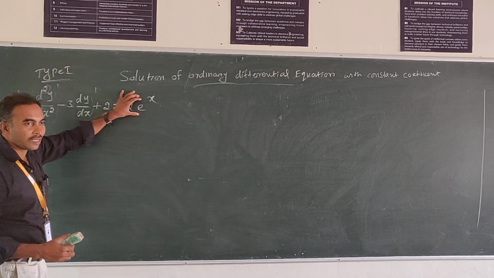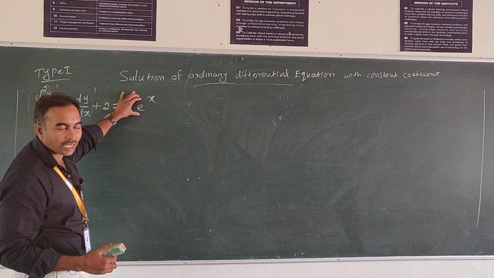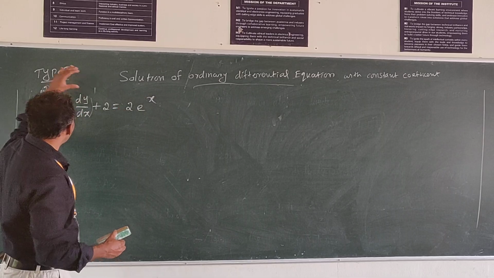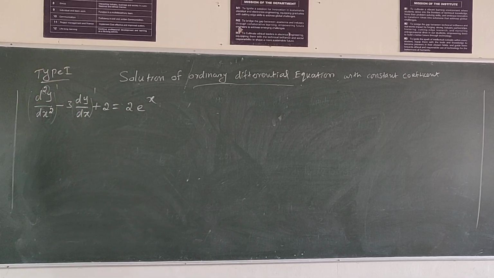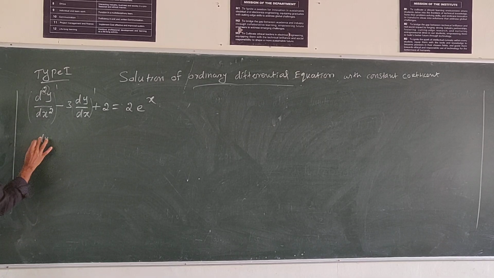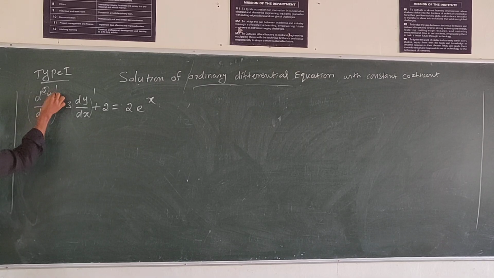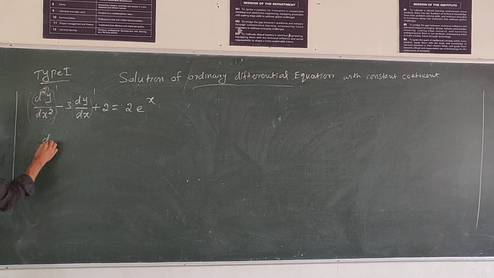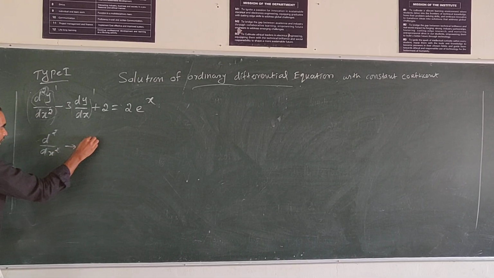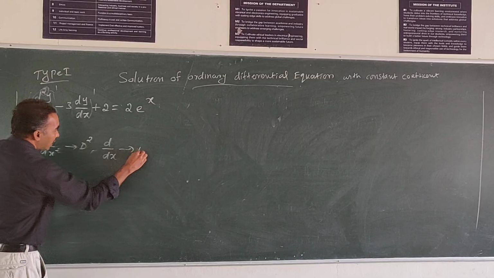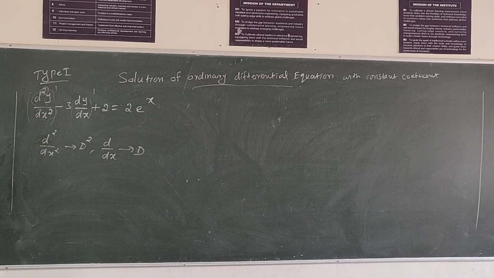On the right hand side, if you find e power x or e power 3x, e power 2x terms, it will come under type 1. We will convert d squared y by dx squared as D squared, and d by dx as D. These are all notations.